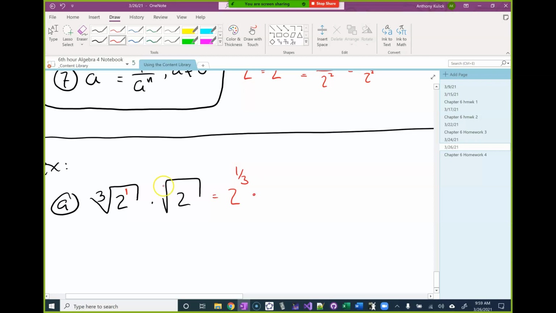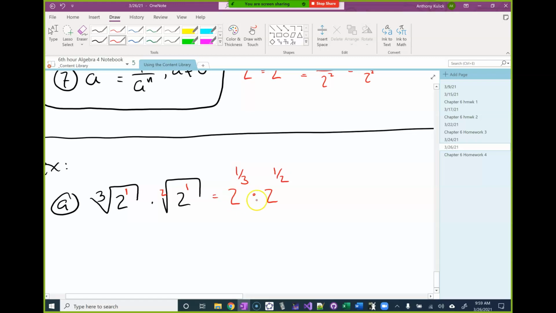And then the square root of 2, the index there is 2, even though it's never written. And the exponent is 1. So that's 2 to the 1/2. So far, so good.